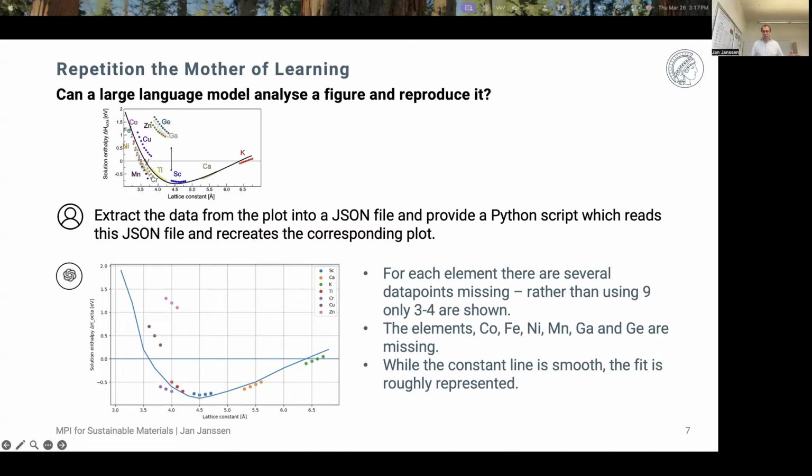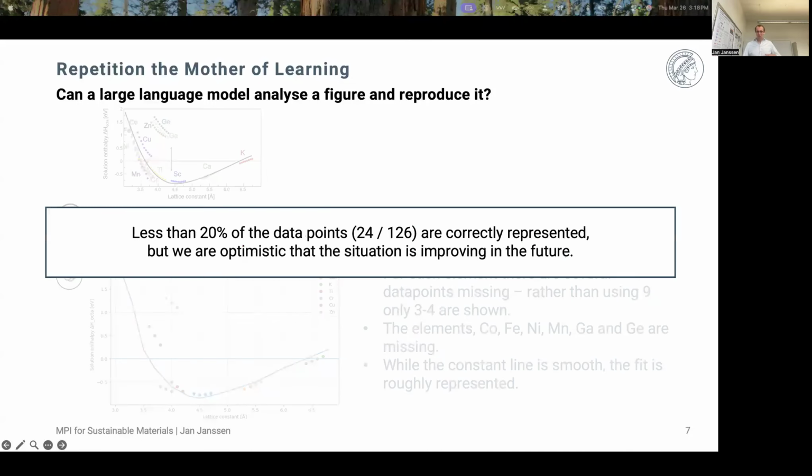And then finally, while the constant line is very smooth, the fit looks very rough, right? So it's a very rough interpolation through the data. So this just highlights a bit where current models are, right? They are only able to read roughly 20% of the data that is represented in these figures, and that's obviously still a limit to addressing our kind of data.